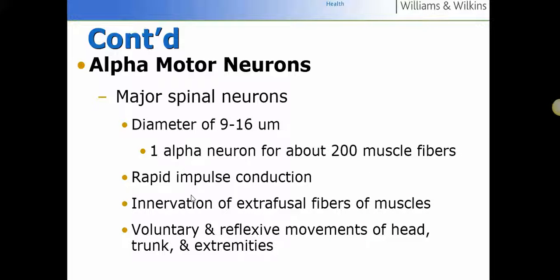Now, you might ask, what's the difference between alpha motor neurons, cranial nerves, spinal nerves, everything? Remember, the peripheral nervous system comprises the cranial and spinal nerves. Now, alpha motor neurons are usually a part of the spinal nerves that help in movement of the extremities.